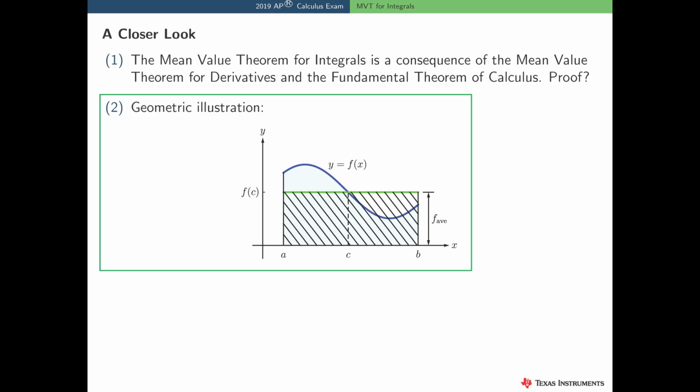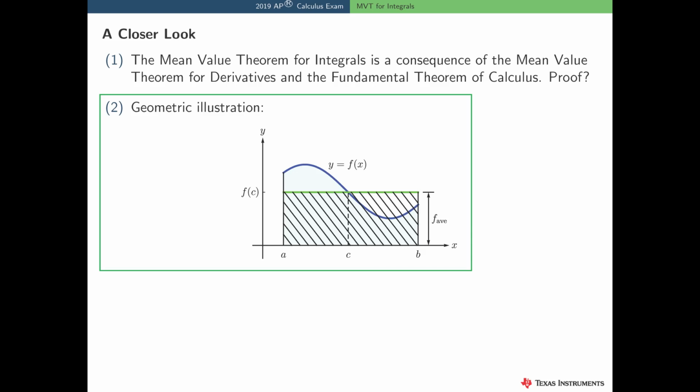And here's one more geometric illustration of this result. For positive functions f, there is a number c such that the rectangle with base a to b and height f of c has the exact same area as the area under the graph of f from a to b.